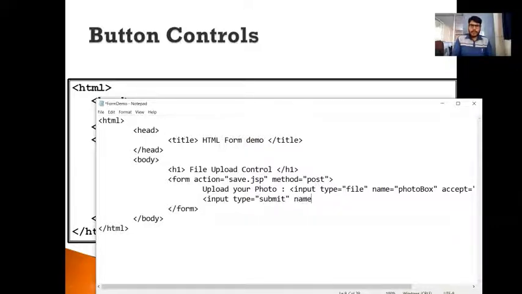And I'm going to specify a name for this control. Assume I specify the name as submitbutton without any space. Also I'm going to specify the value, and the value I'm going to include is SUBMIT in uppercase. And I'm going to close this input tag.